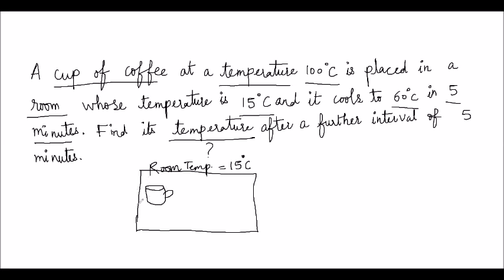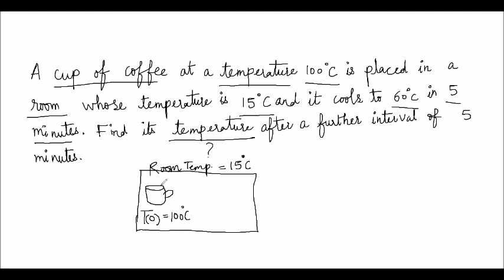Initially, the temperature of coffee is 100 degrees centigrade. If I use the notation of capital T for the temperature of coffee, it means that at time t equal to 0, this temperature is 100 degrees centigrade.